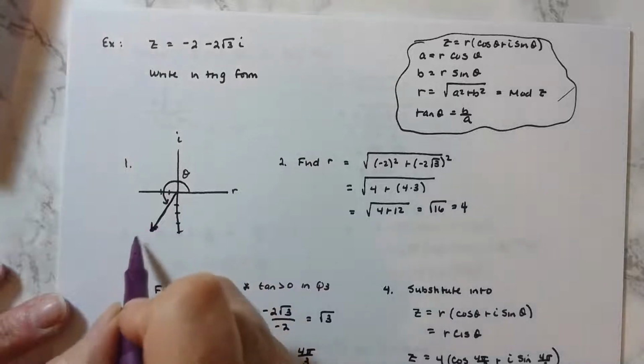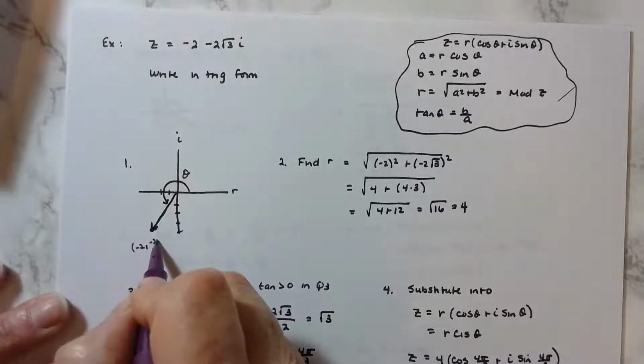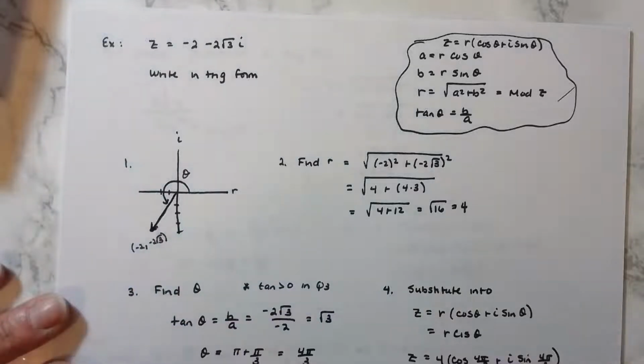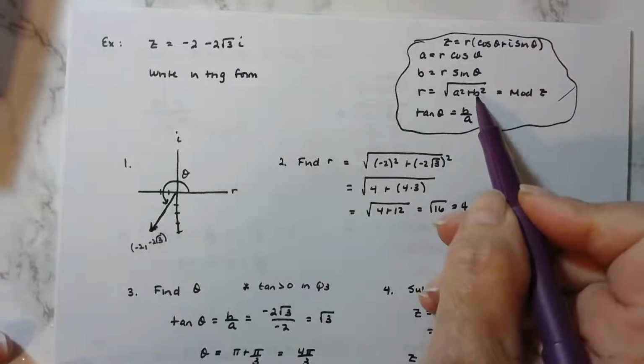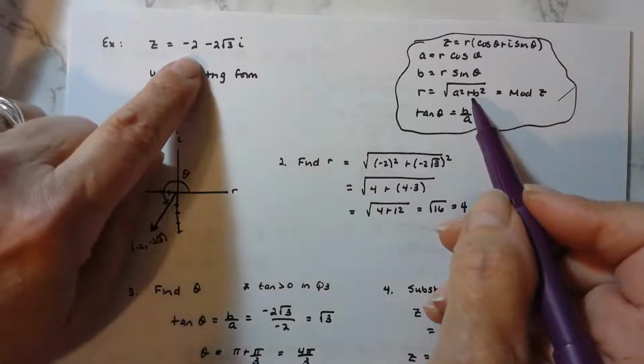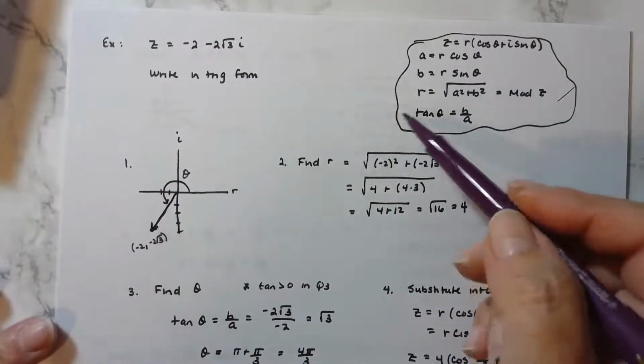That means this point, which is -2 comma -2 root 3, can be written as the components of a vector. And that's good, because r is the square root of a squared plus b squared. You know this is a and this is b. So let's find r.